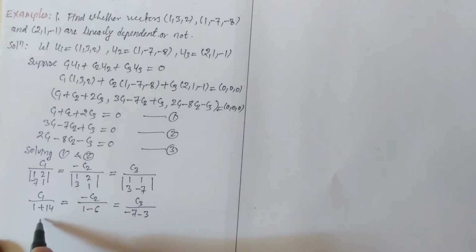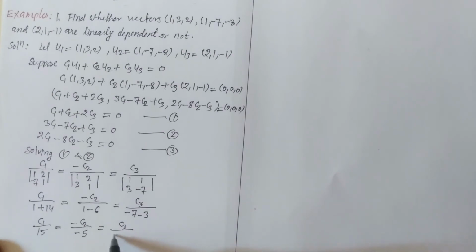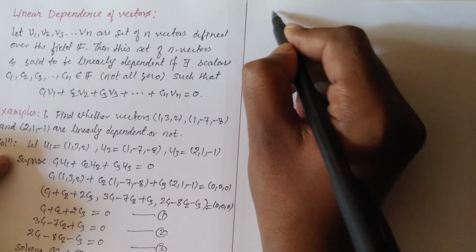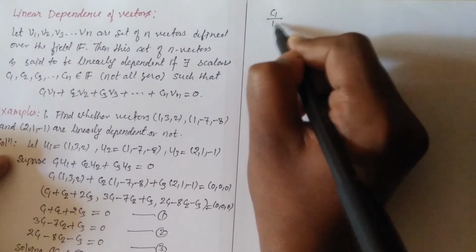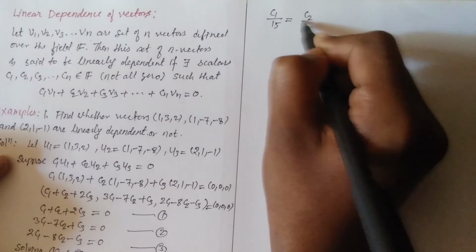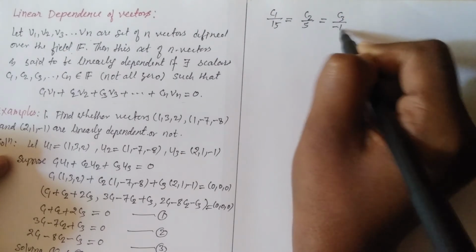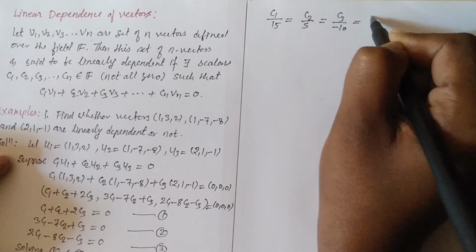Now again simplify this. c1 divided by 15, and this equal to minus c2 divided by minus 5, and this equal to c3 divided by minus 10. Again this can be written as c1 by 15 equal to c2 by 5, and this equal to c3 by minus 10, and this equal to, let's say, k.